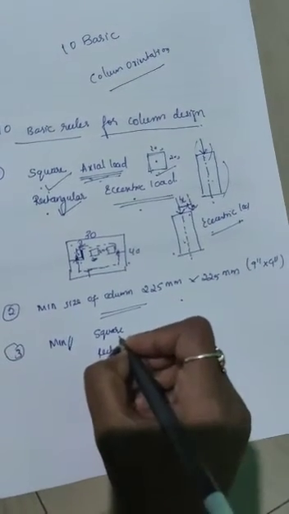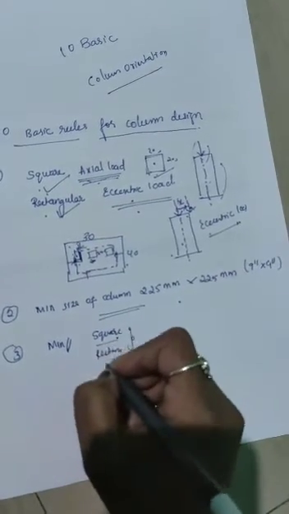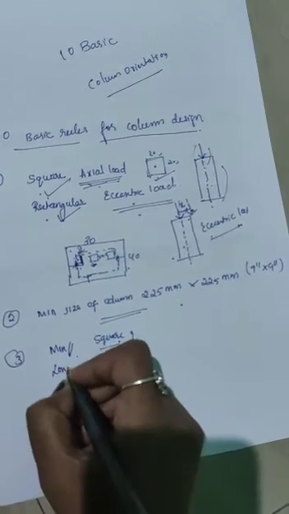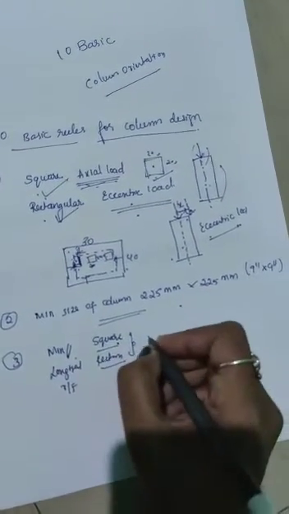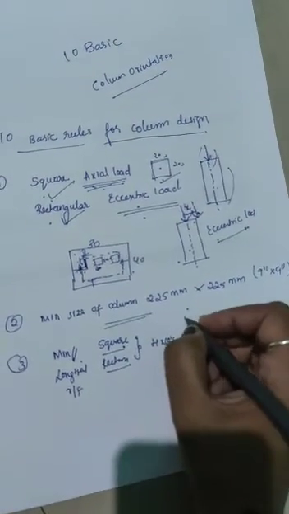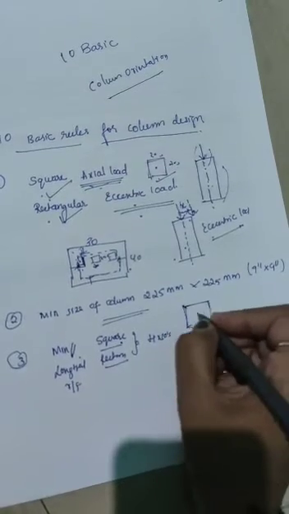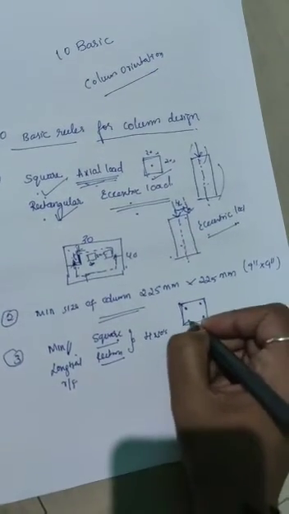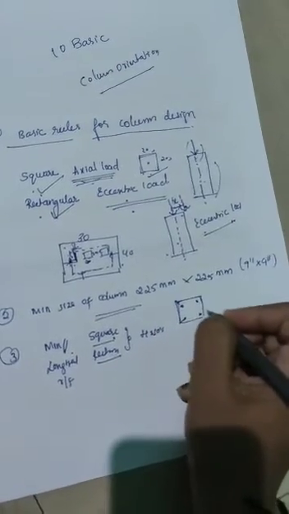In both cases, the minimum longitudinal reinforcement should be 4 numbers. If you see the column, the longitudinal bars will be placed minimum 4, that is, top 2 and bottom 2.